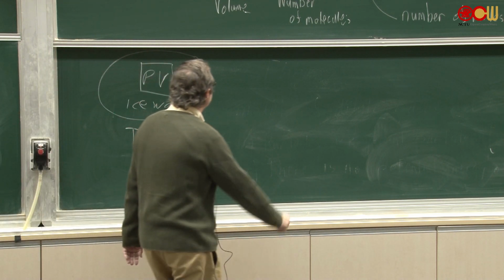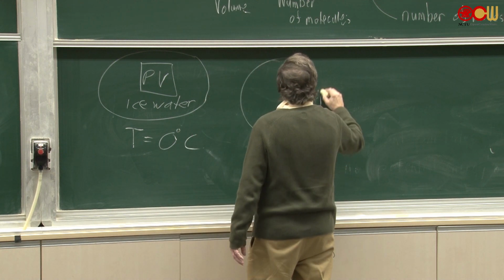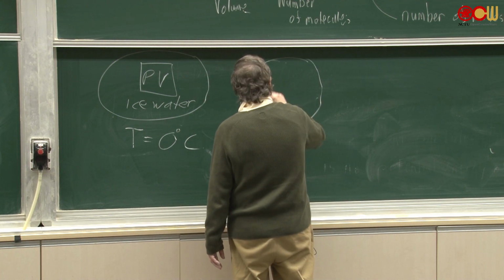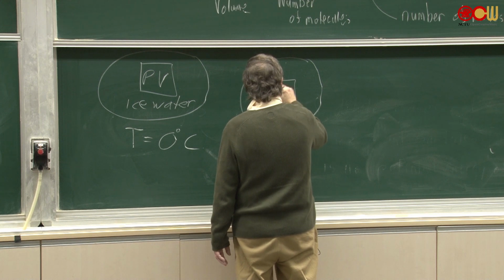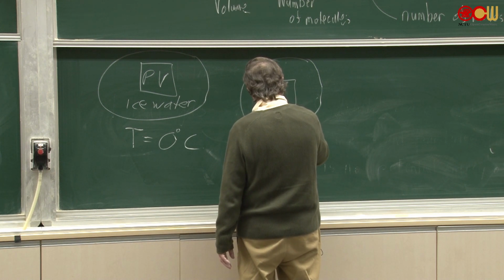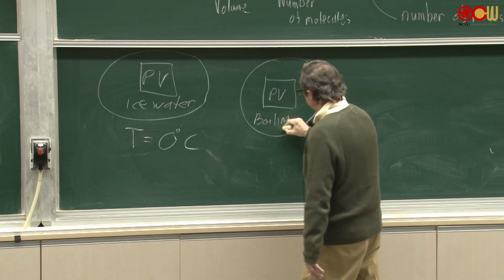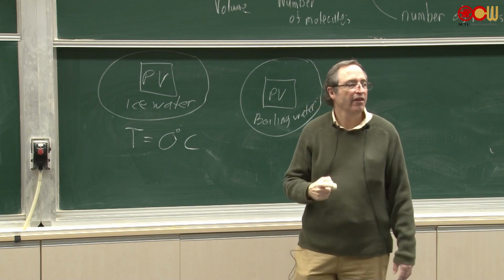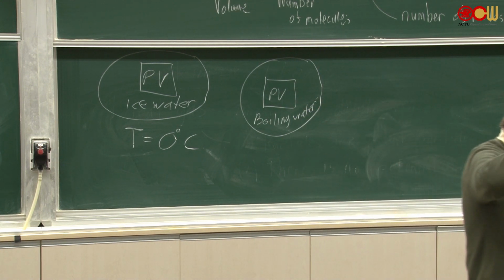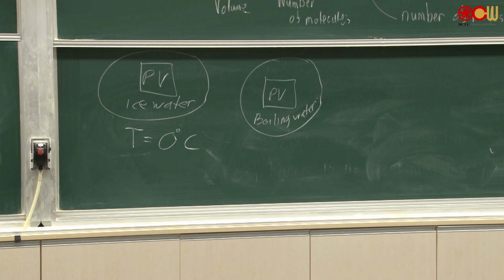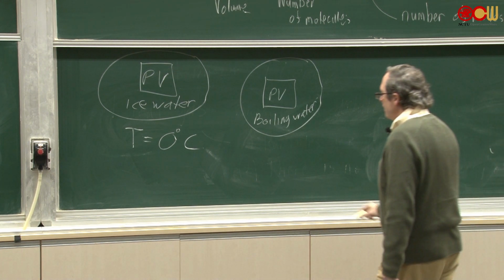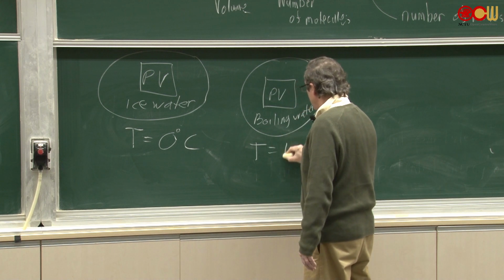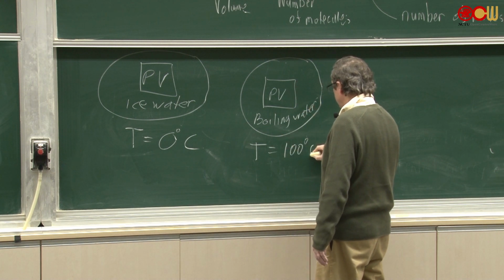And then they take the same thing, and they put it in boiling water. Right? So they can see the water boiling, bubbles coming out. So they know it's boiling. And they say that is 100 degrees centigrade.